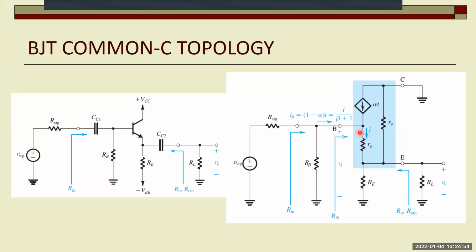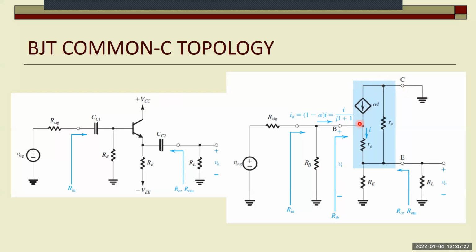For simplicity reasons, I use a T equivalent BJT small signal circuit. And so here the input is to the base, and we have the alpha I dependent current source connected to the collector, and collector VCC in AC terms is connected to ground.